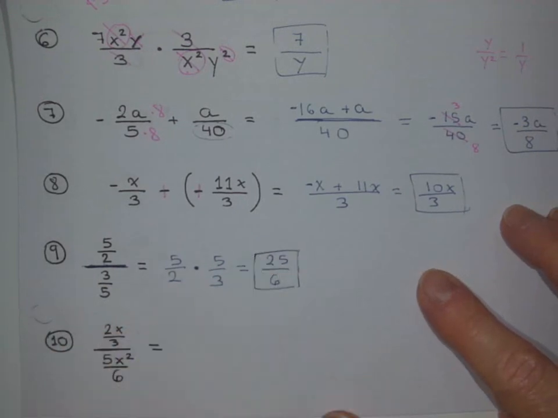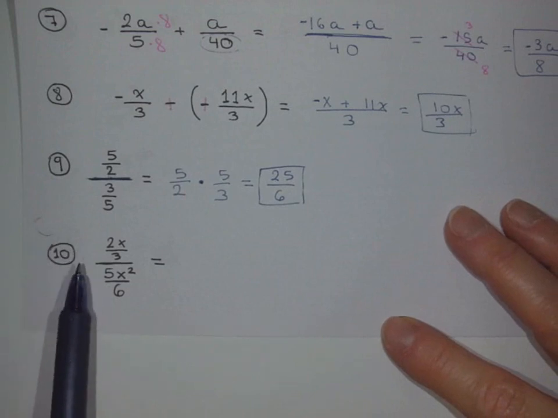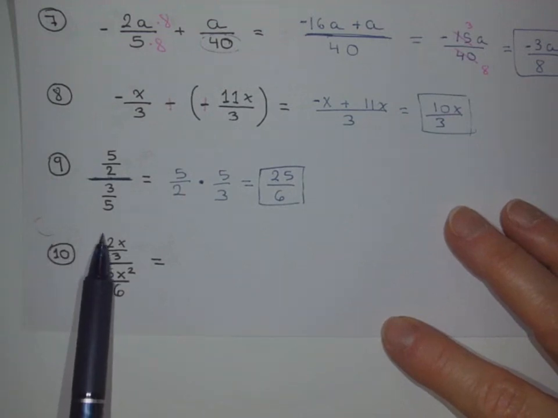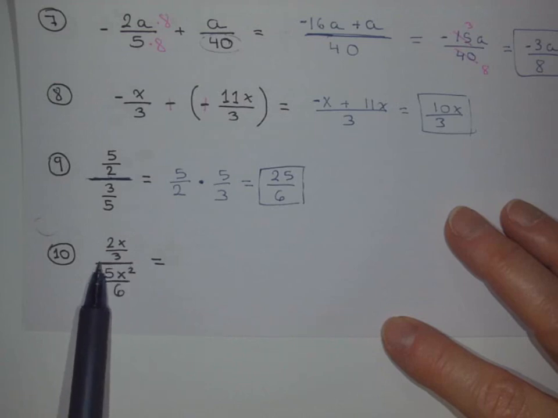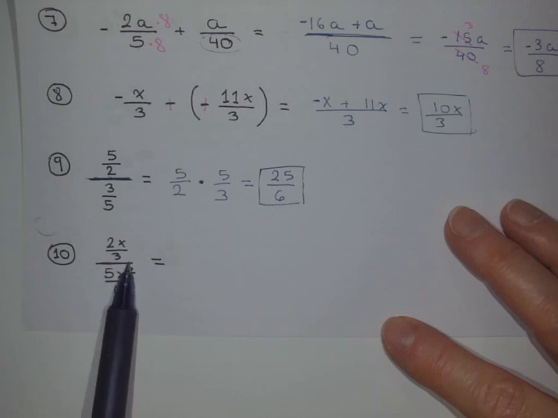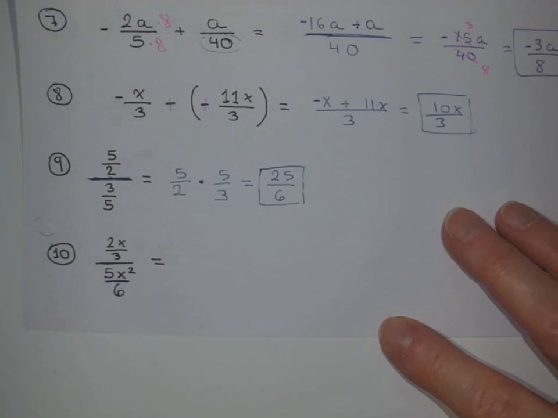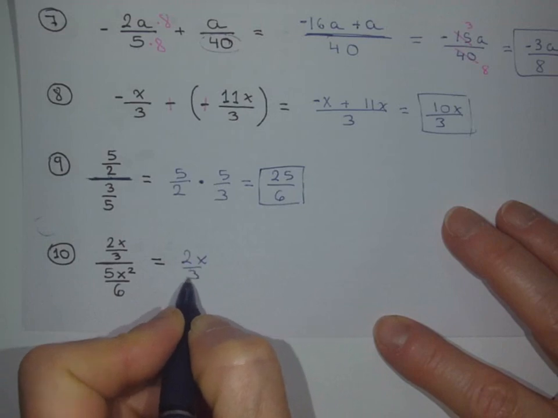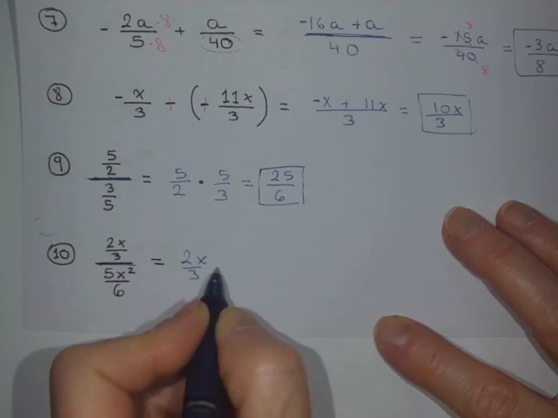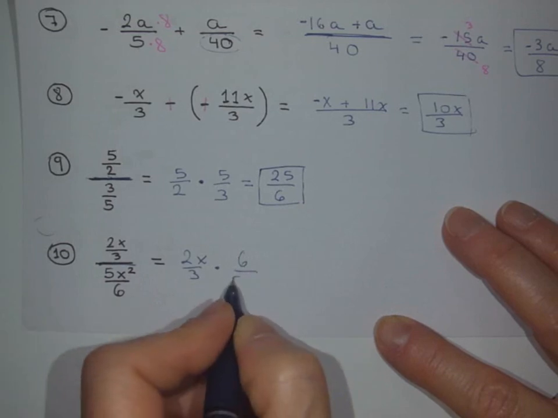Okay? All right, let's add some variable in that complex fraction now. So again, same thing, we have a fraction divided by a fraction. We're going to change this division to a multiplication, and we're going to use the multiplicative inverse of the denominator fraction. Okay, so this one stays 2x over 3. Division bar becomes a multiplication, and this one becomes 6 over 5x squared.